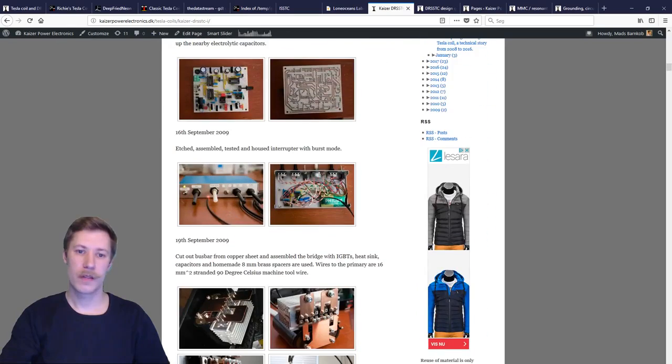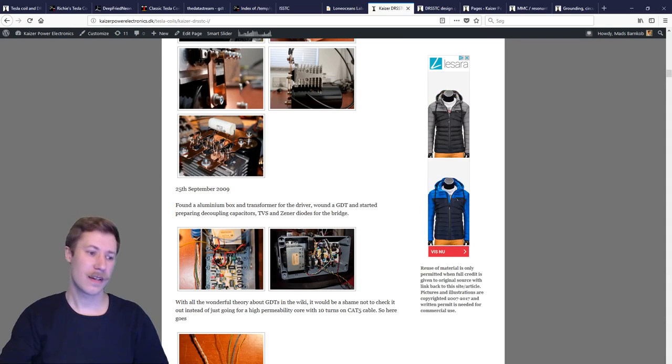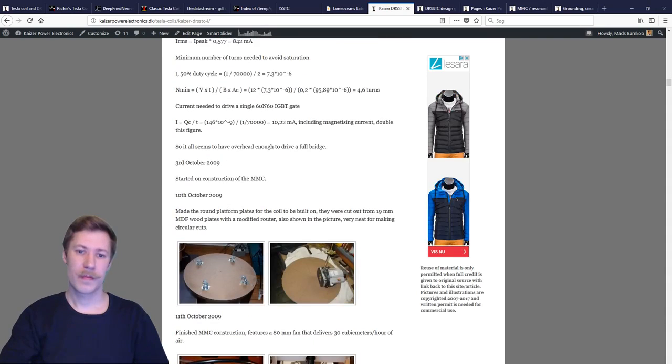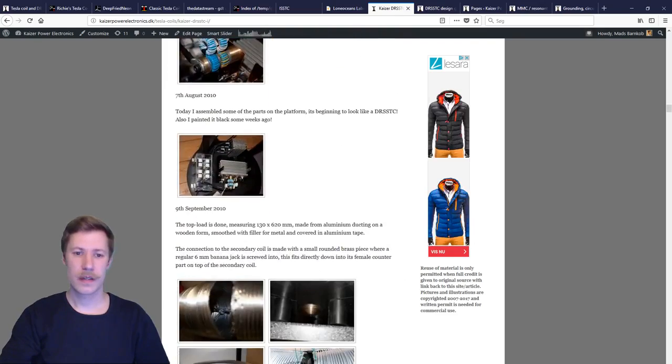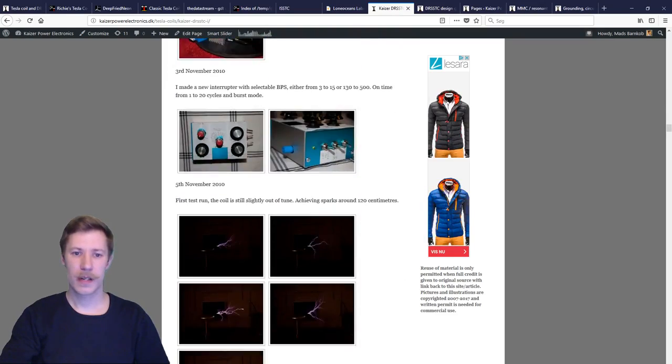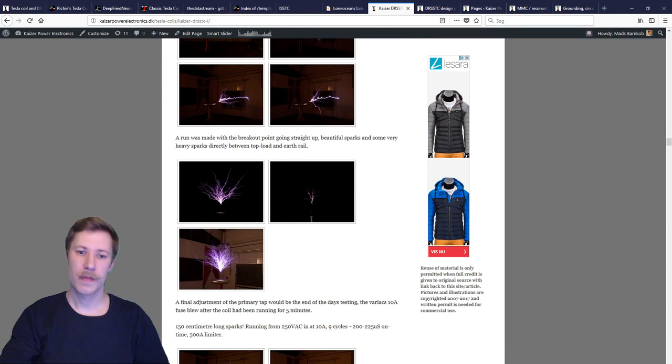And also I try to include all my failures, because others are likely to encounter the exact same failures as I did. Yeah, this is mostly a complete log of how I go from idea to sparks.